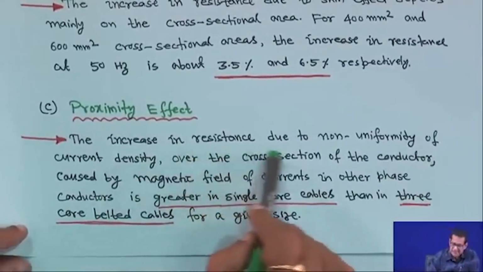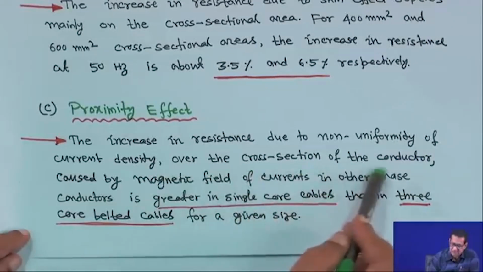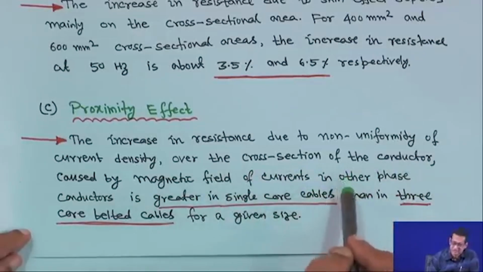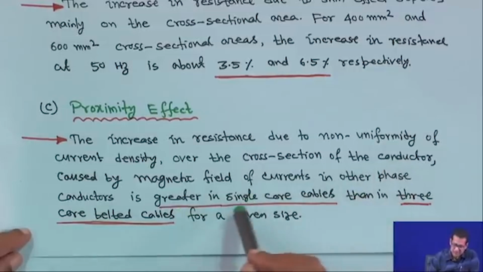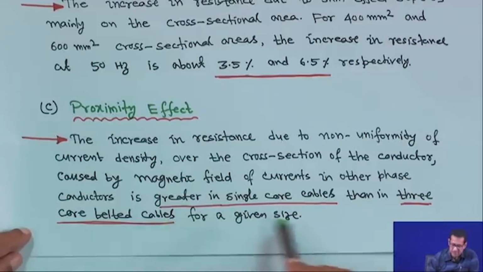Proximity effect also. The increase in resistance is due to non-uniformity of current density over the cross section of the conductor, caused by the magnetic field of currents in other phases. The effect on phase conductors is greater in single core cables than in 3 core belted cables for a given size.